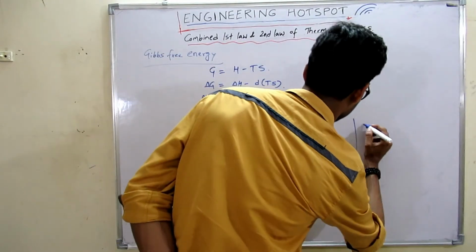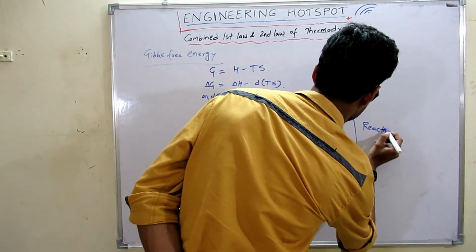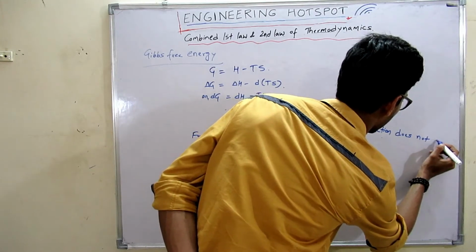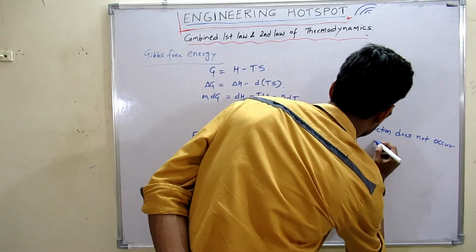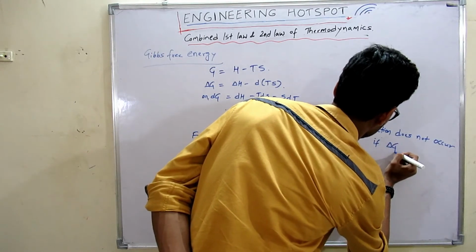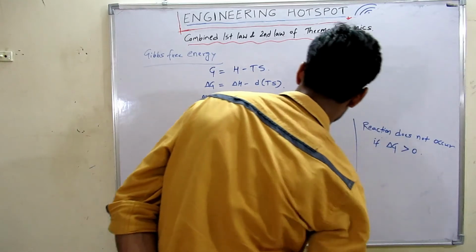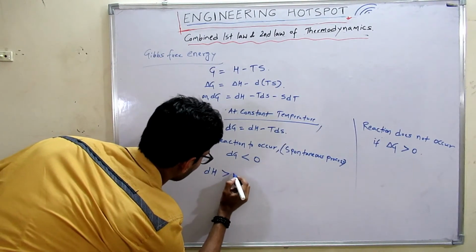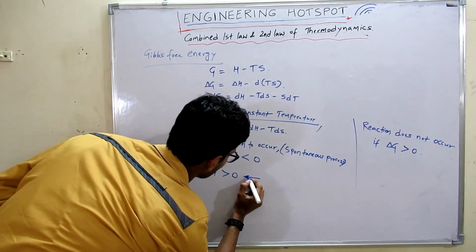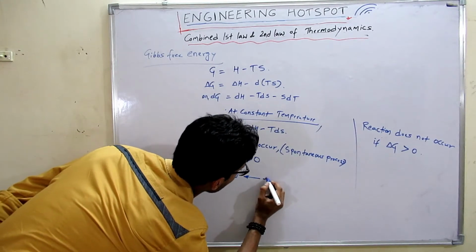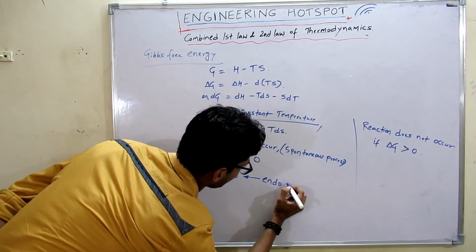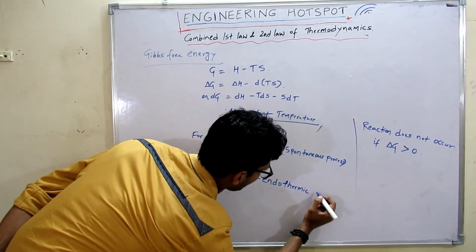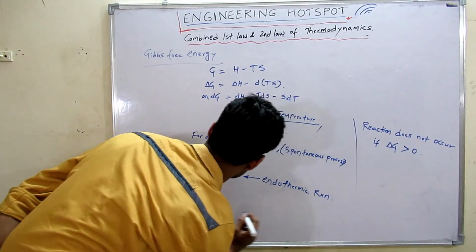If the reaction does not occur, delta G is greater than 0. If your delta H is greater than 0, then it's called endothermic reaction.